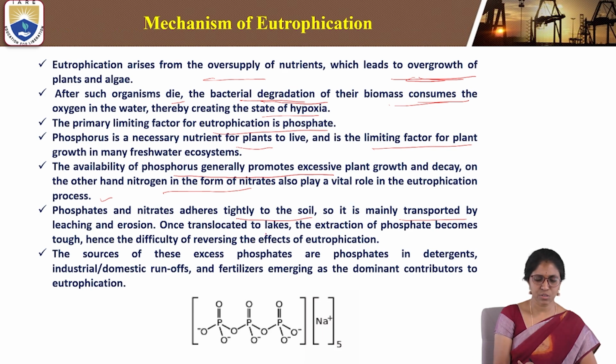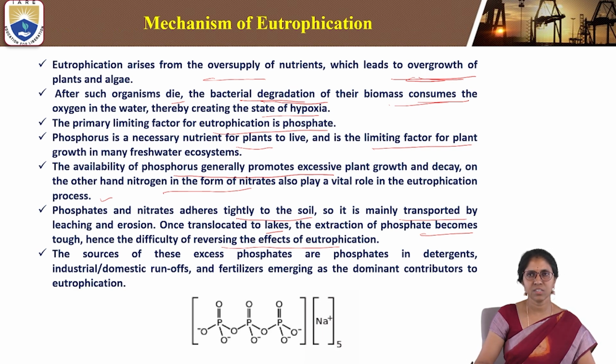Once these nitrates and phosphates are translocated to lakes, the extraction of phosphate becomes tough. Hence the difficulty of reversing the effects of eutrophication.